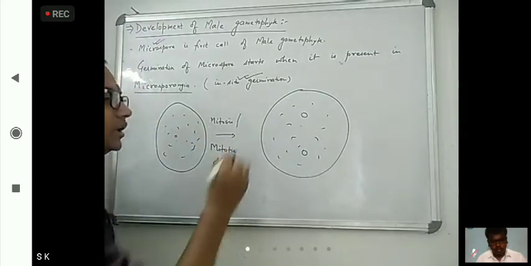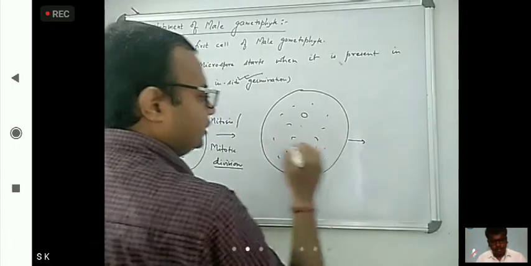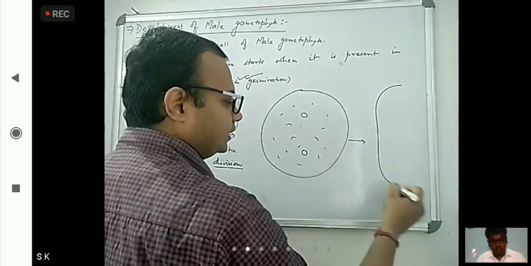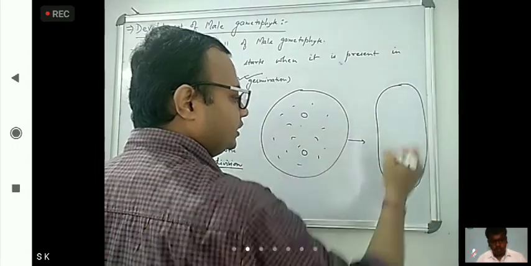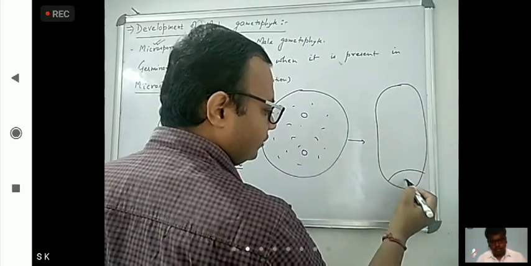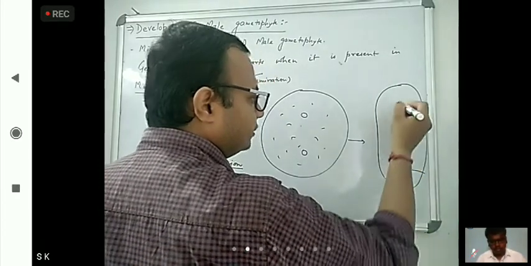When the development is complete, it is converted into a two-celled stage. One cell is very small and one is very big.